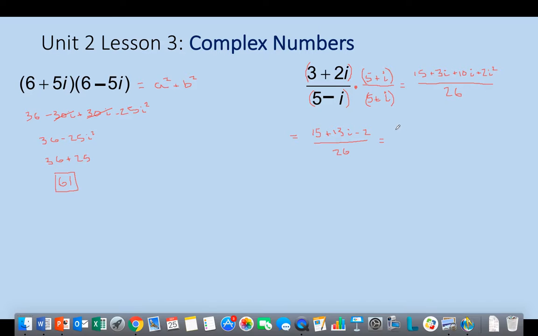I've got 15 minus 2 is 13, so 13 plus 13i divided by 26. Well, I can reduce them. 13 divided by 26 is 1/2, and then 13i divided by 26 is 1/2 i, or i divided by 2.